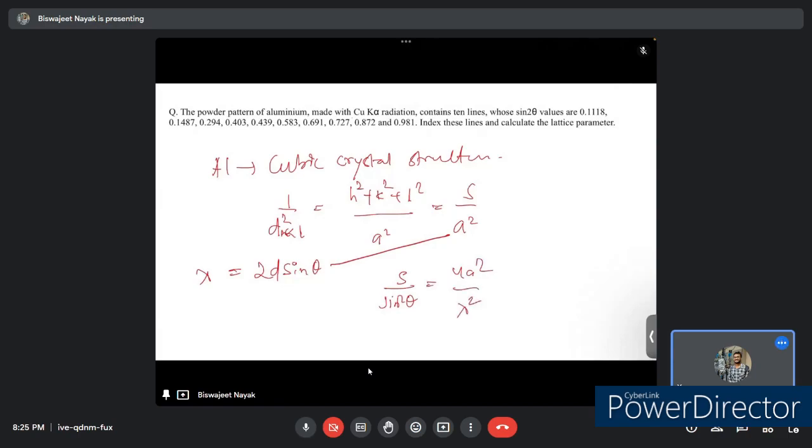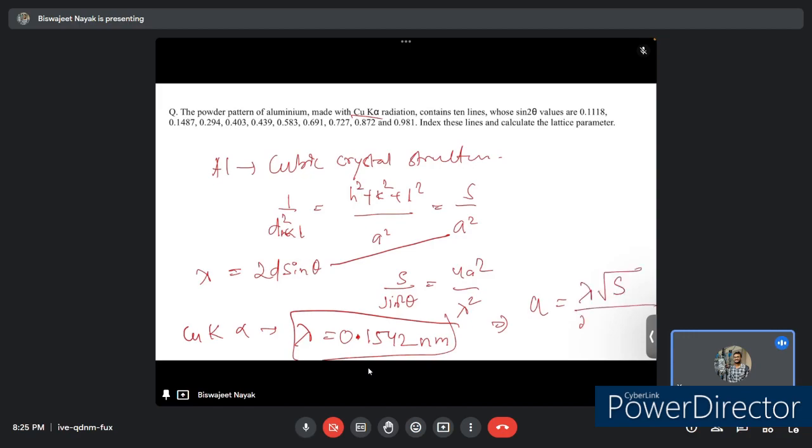For copper K alpha radiation, lambda is 0.1542 nanometer. So from here we can say a is given as lambda root S by 2 sin theta. The lambda we know.